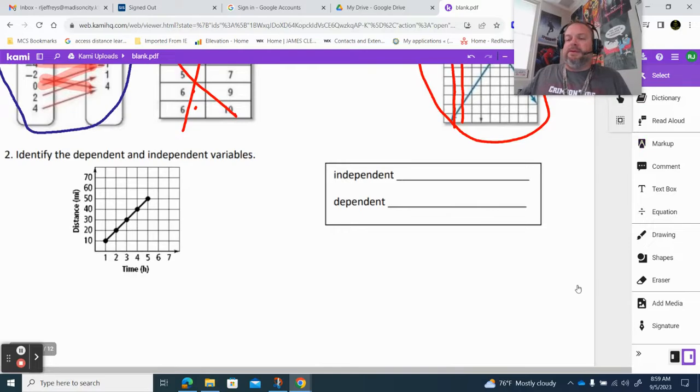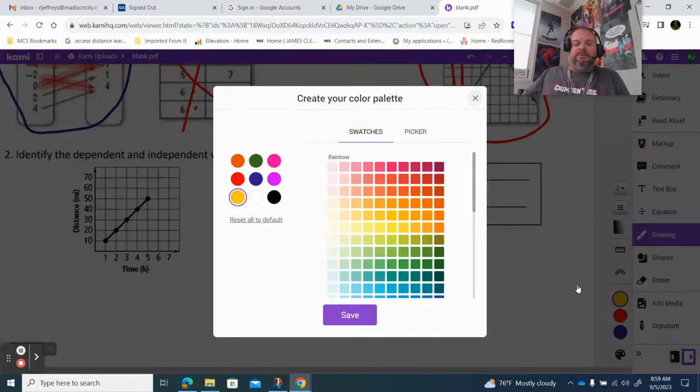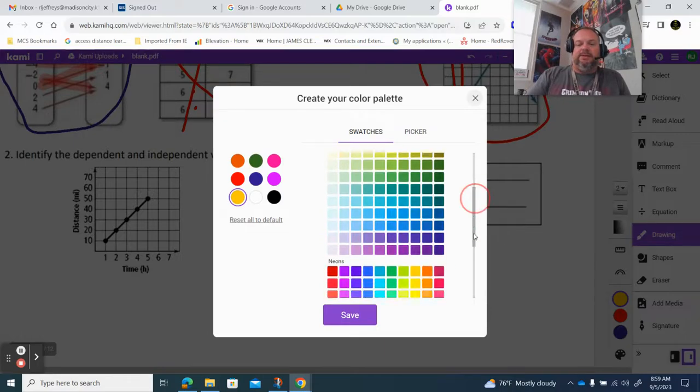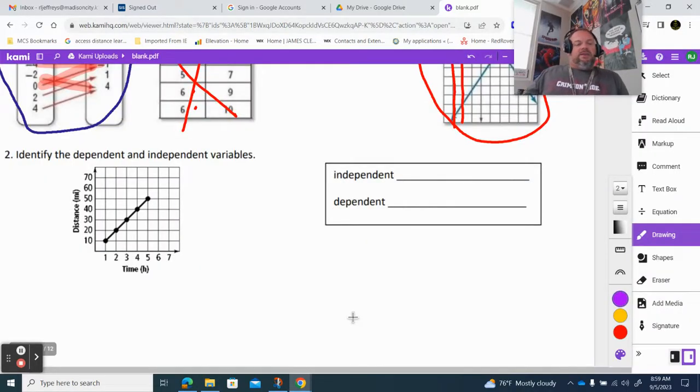Now, independent and dependent. This was briefly talked about. And when I mean briefly, I mean super duper briefly. I gotta get another color. There we go. All right. So our independent is going to be our x axis.